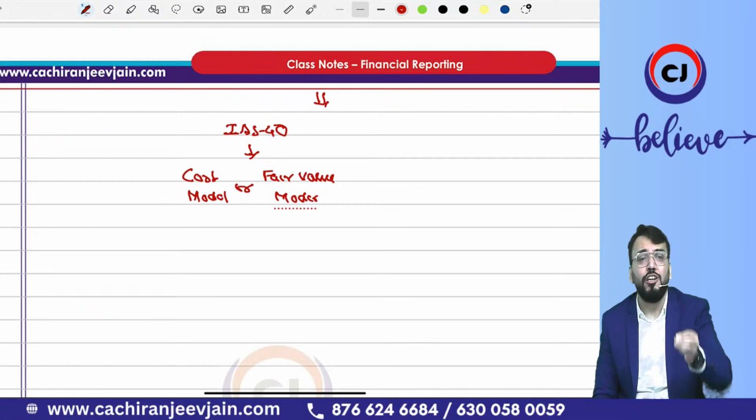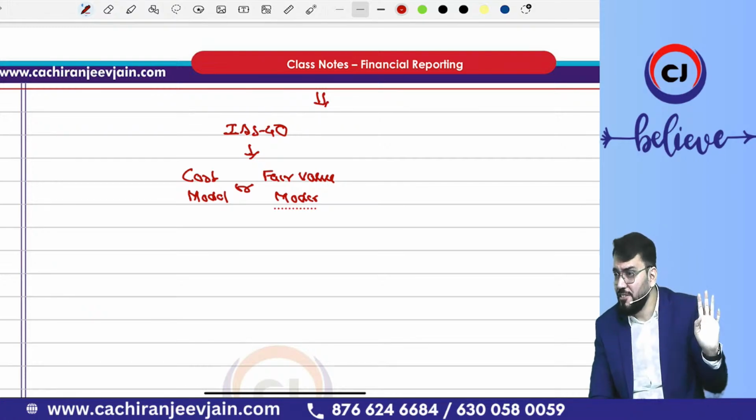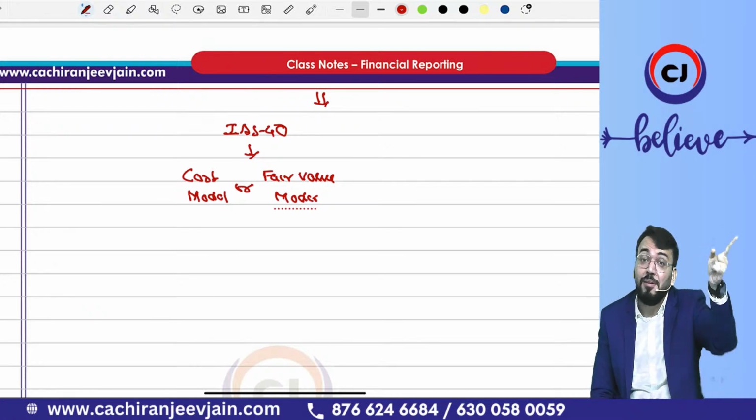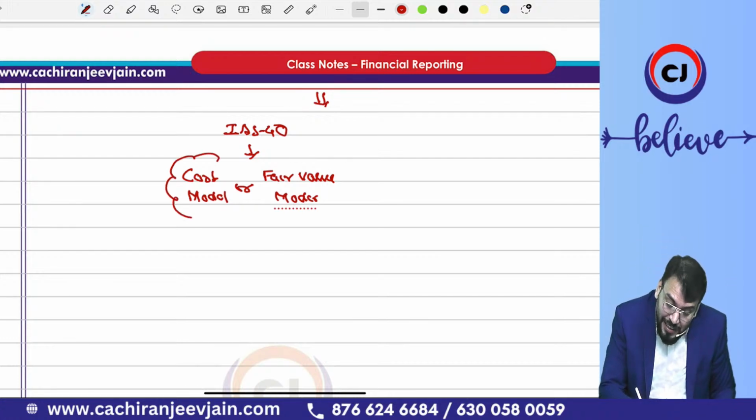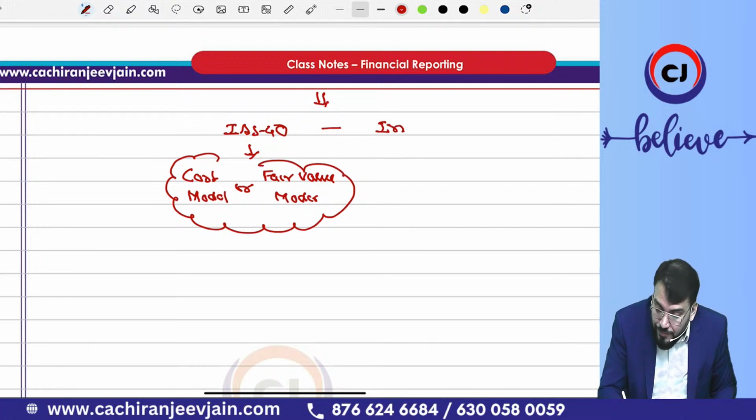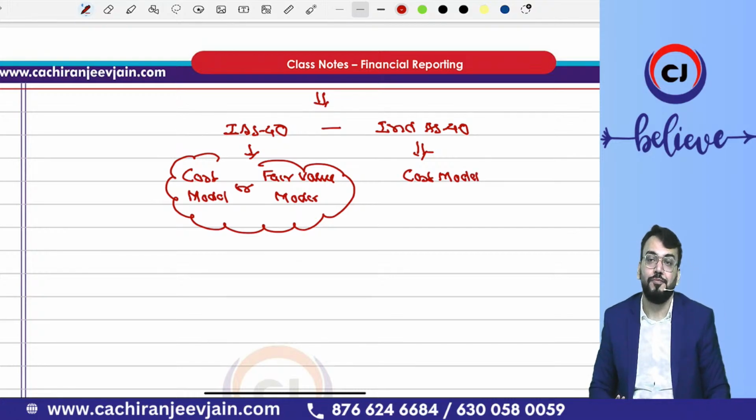Either you do accounting on cost basis or on fair value basis. This has been given by the International Accounting Standard. But while converting IAS 40 to IND AS 40, one option was removed and they say only cost model. Only cost model. This is known as removal of options.